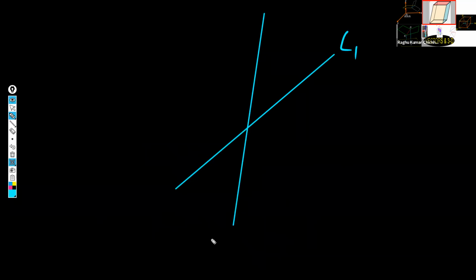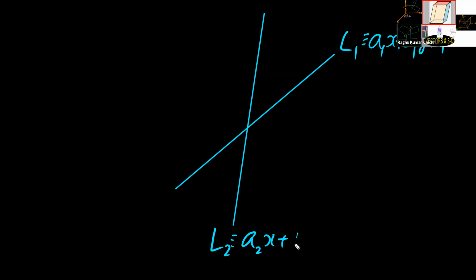This is L2. L1, let us name it A1x plus B1y plus C1 equal to 0. L2, let us name it A2x plus B2y plus C2 equal to 0.